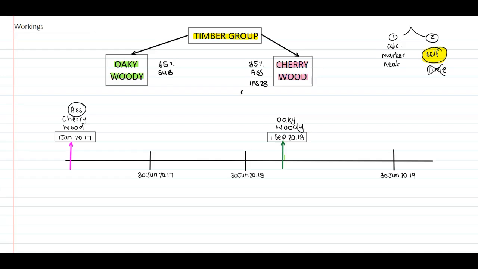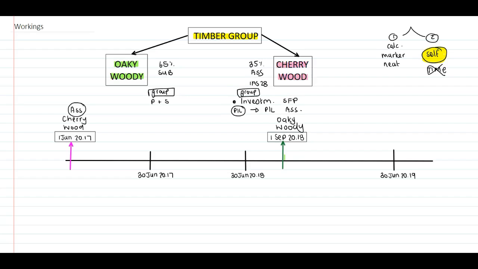Therefore, in our group, guys, very important, you know that you will have to add your parent plus your subsidiary, and in terms of our investment in our associate, you will have a line item, investment in associate, in your statement of financial position, and in your profit or loss, you will have a line item, profit or loss from associate.